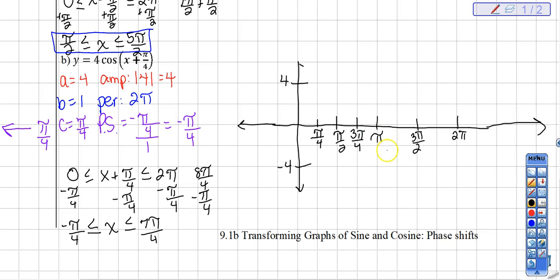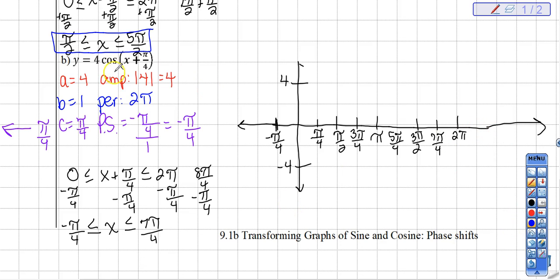So now I'm just cutting my unit circle into 45-degree angles. 5 pi over 4, 7 pi over 4. And then over here, negative pi over 4.